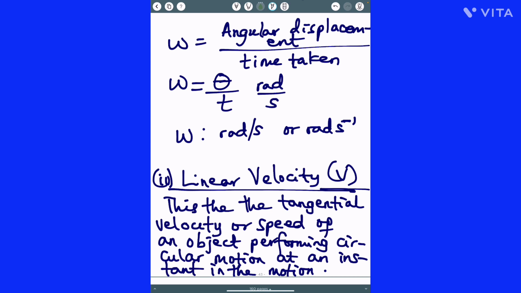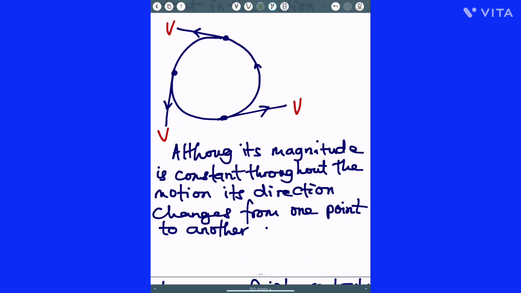Number 4 is the linear velocity. This is the tangential velocity or speed of an object performing circular motion at an instant in the motion. So it continues to change. If an object starts moving from here, on getting to this point, its tangential speed will be a line drawn as a tangent to the circle.